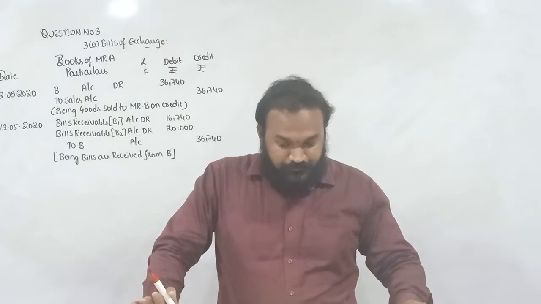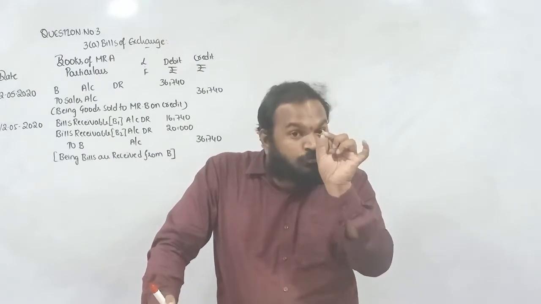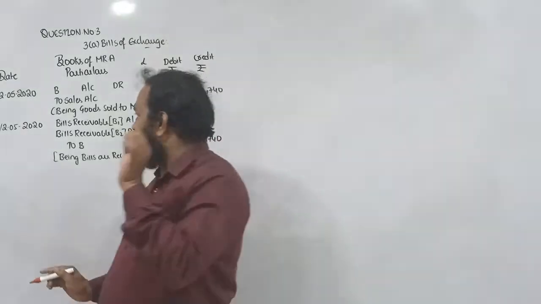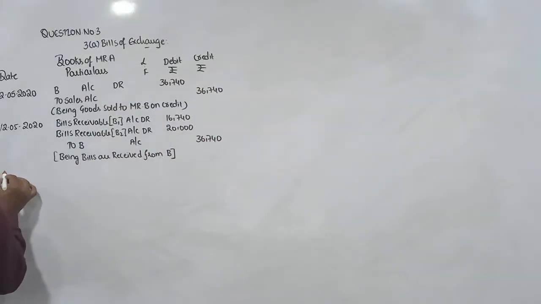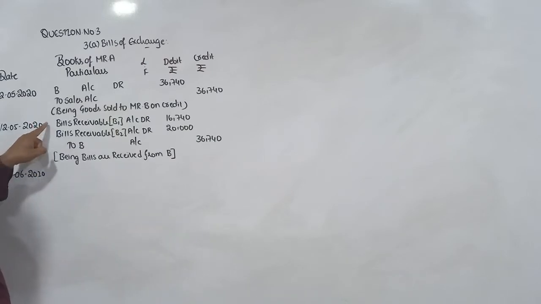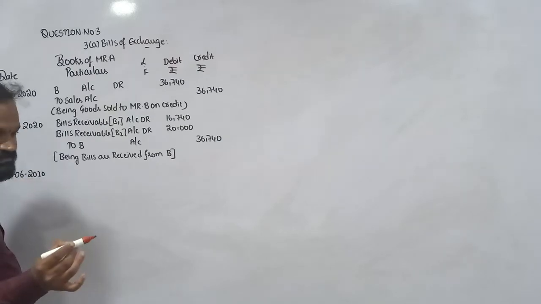See, on 5th June, these two bills are sent to bank for collection. What is the journal entry? 5th June 2020. These two bills are sent to bank for collection.